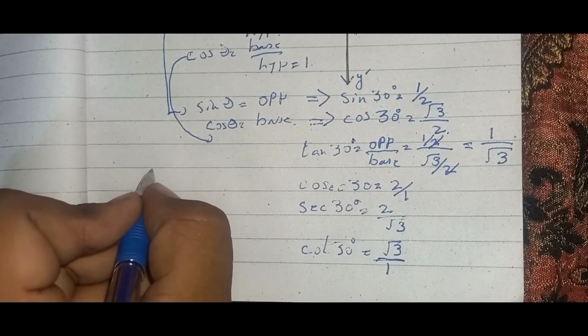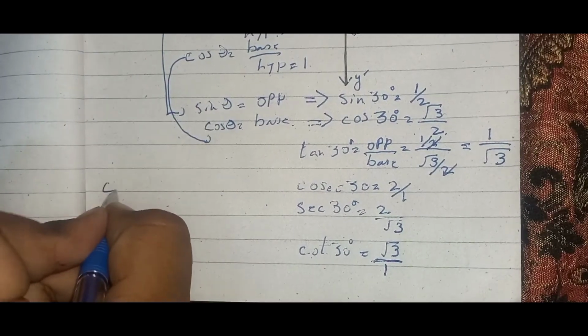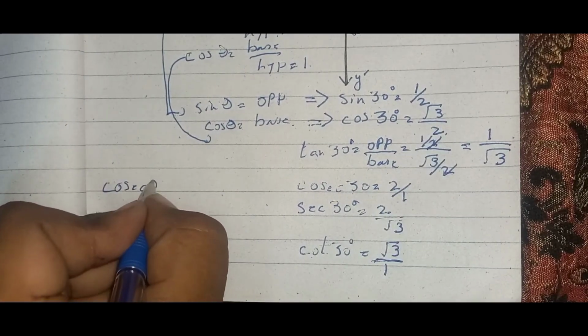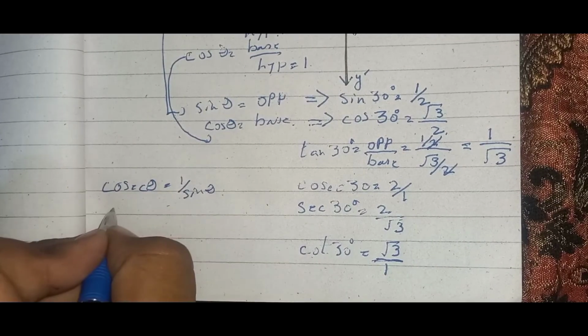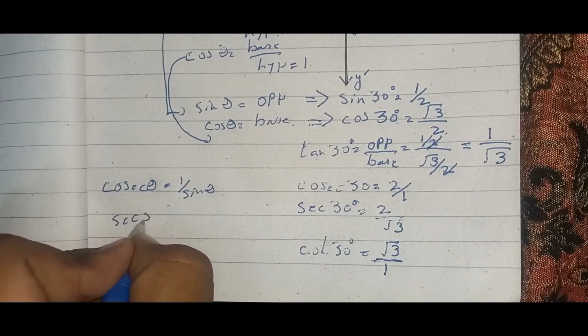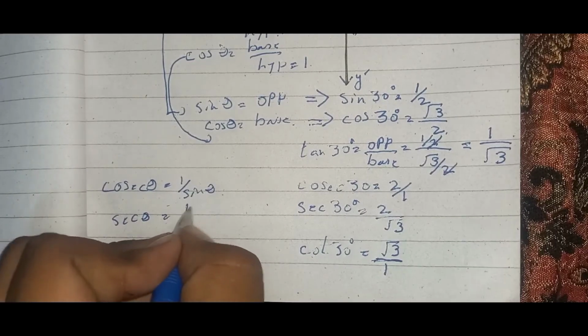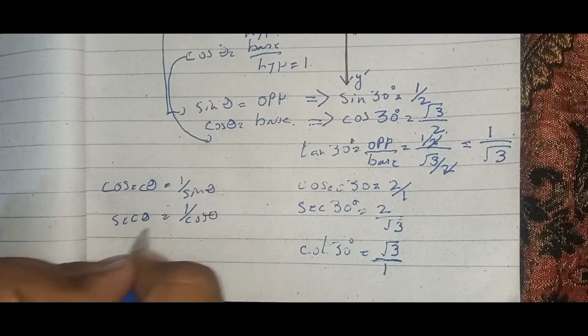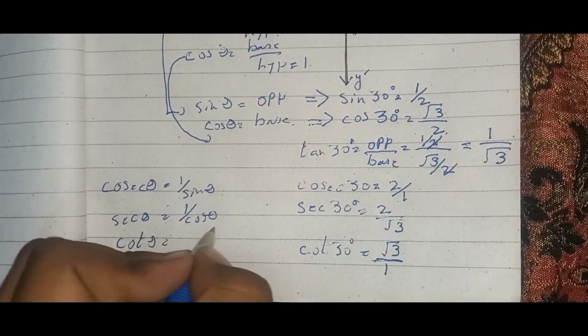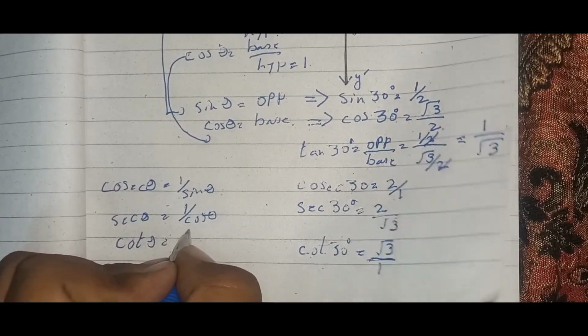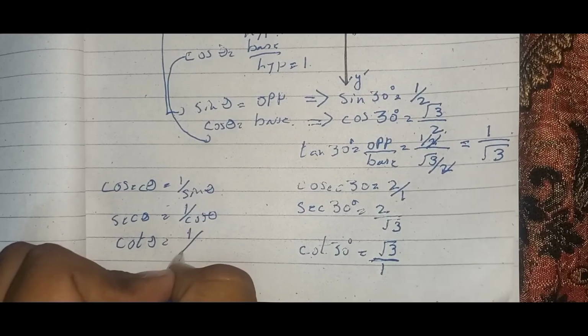We know that cosecant theta is equal to 1/sin theta, the reciprocal of sin theta, and secant theta is the reciprocal of cos theta, and cotangent theta is the reciprocal of tangent theta.